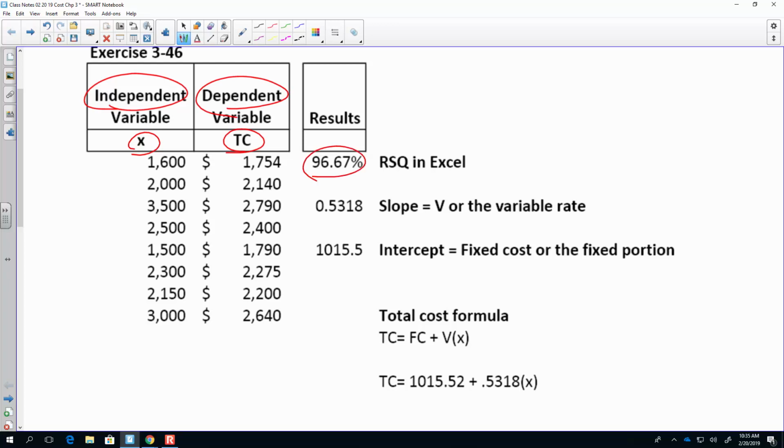I've also provided the answer key for the three types of questions you may encounter on the test: the R squared, the slope, intercept, and also identified what they represent, obviously. So please know that terminology. Those are simple multiple choice type questions that you might see on the exam.